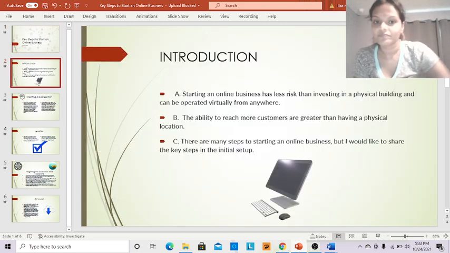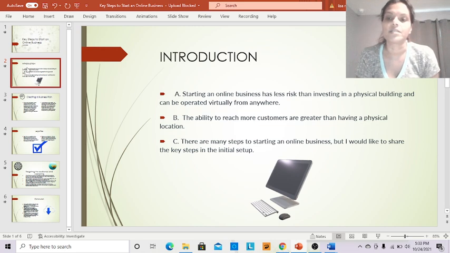To begin, of course, starting an online business has a lot of privileges over going into an actual physical building. The main thing being, of course, it can be operated anywhere as long as there is an internet connection, and the ability to reach customers is faster and greater just because information online spreads so much quicker.